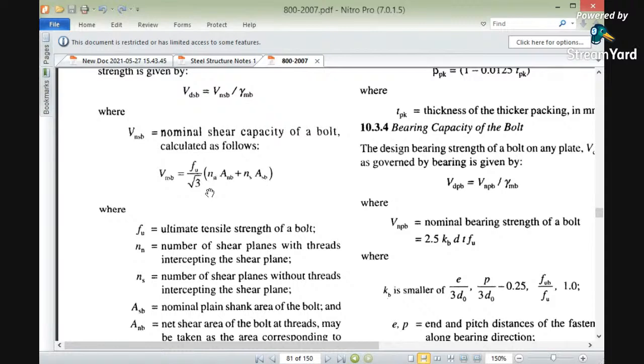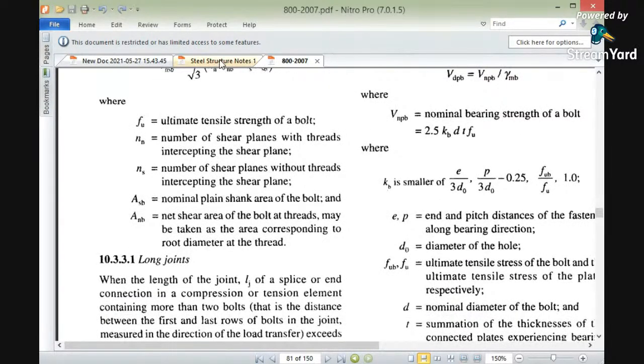We are tightening the bolt in the threaded area, so ns Asb we are considering as 0. In every problem we can assume this. That means the whole bolted area we are considering as the threaded area, we are not considering the shank area.